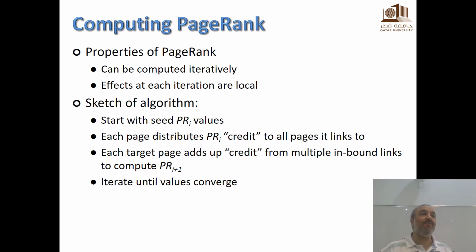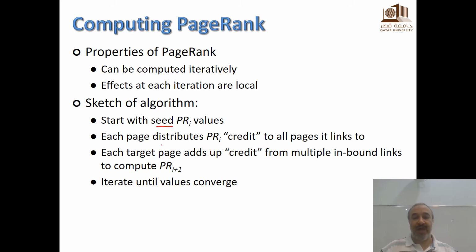But we said that the sum of PageRank scores should be 1, because that's a probability distribution. Okay? So typically we just initialize by 1 over n, so that the sum will be 1. N is the number of nodes in the graph. Okay? So that's the initial values.